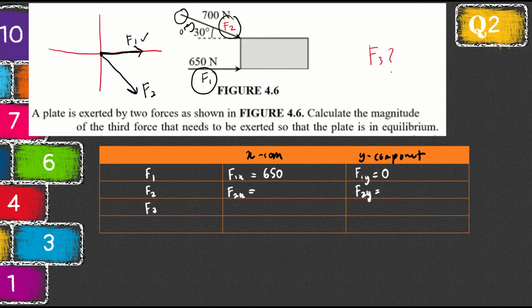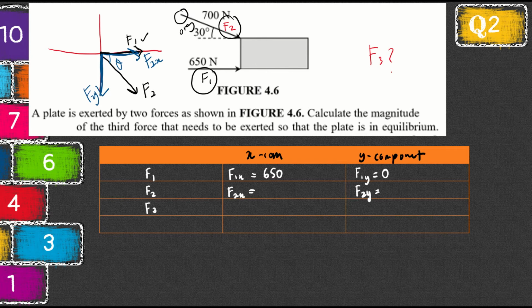For F2X and F2Y, you need to resolve. F2Y is going to be downward, and F2X is going to be to the right. So this is your angle.